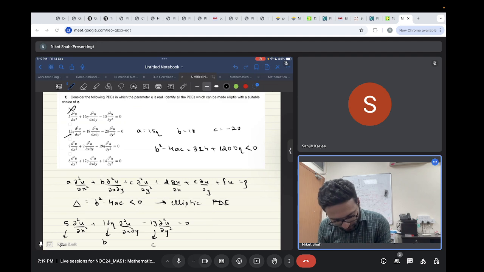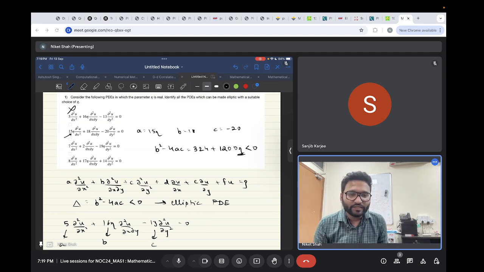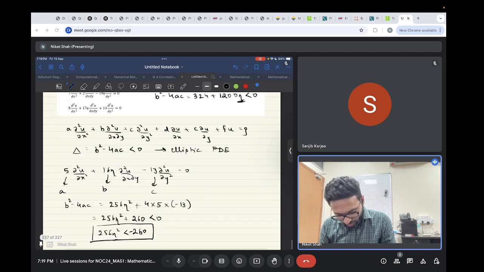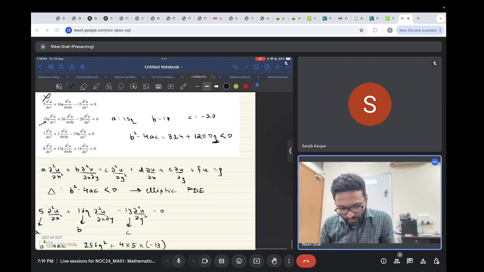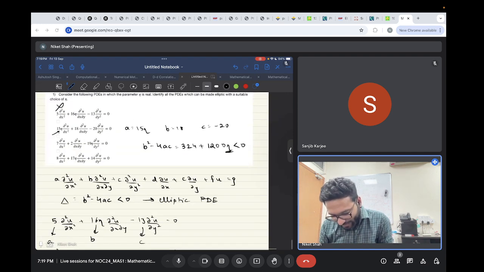Here, because eta is linear in the equation, by a suitable choice of eta you can actually make this equation elliptic. That's the whole point: with eta square, because eta is real, this cannot ever happen, but this can happen. So the second case seems to be correct, that you can make it elliptic.